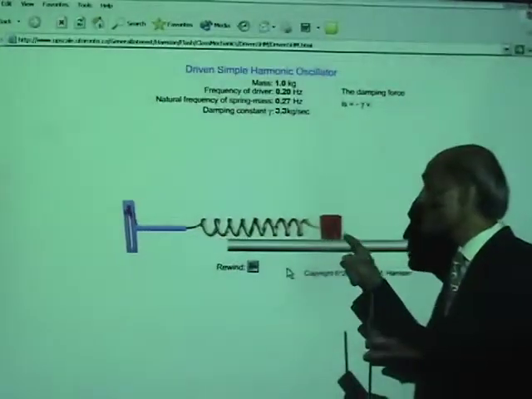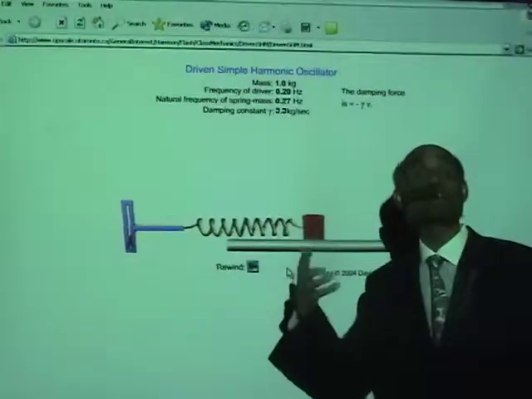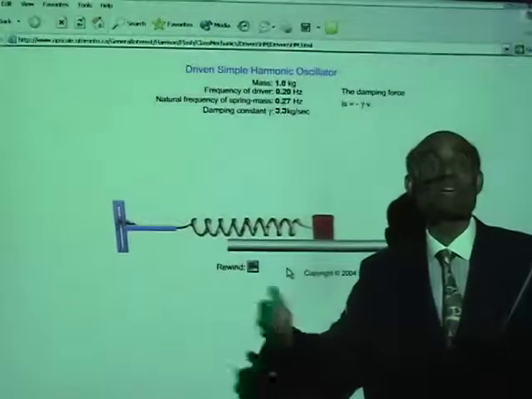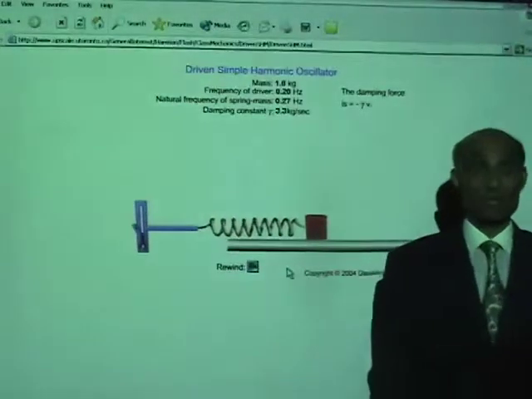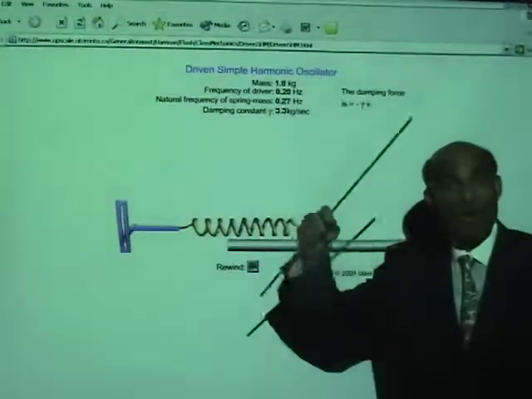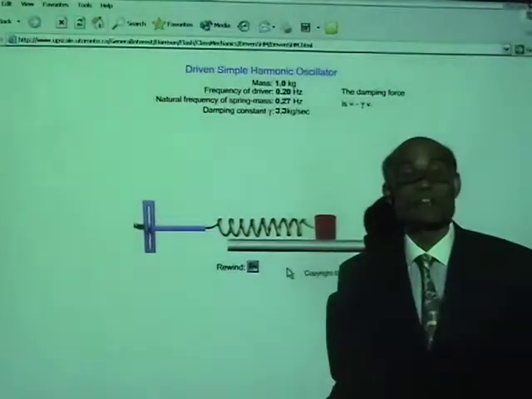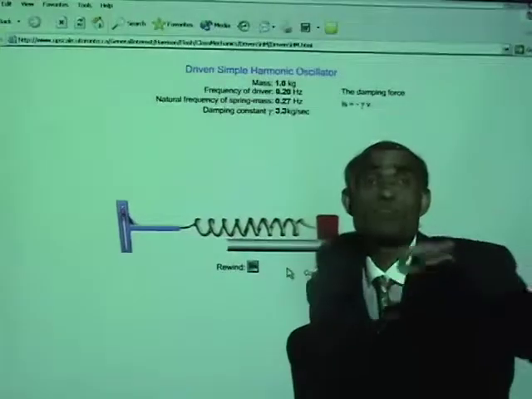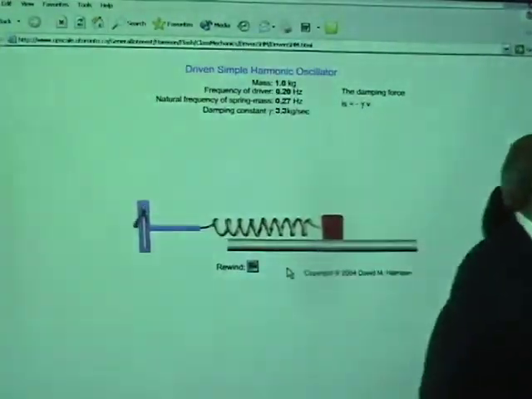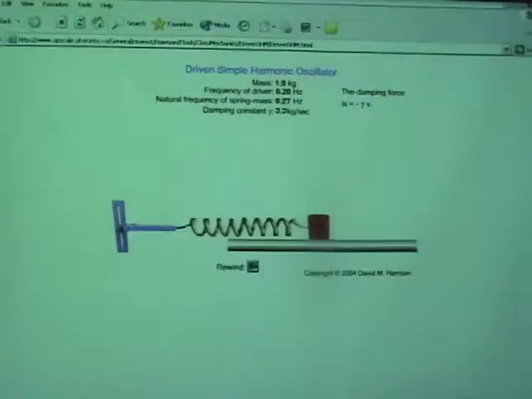Now displacement in this case will be measured as x equal to a sine omega t plus delta. So you can have a horizontal oscillation or vertical oscillation. Depending on whether the displacement is vertical or horizontal, we will use x or y to represent that.